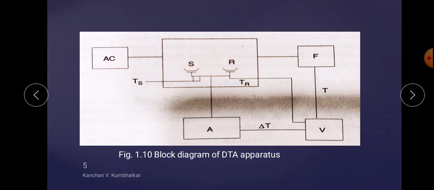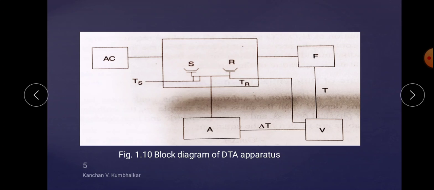What is the work of the atmosphere controller? It permits the circulation of whatever kind of atmosphere has been selected. That atmosphere is circulated in the chamber, and it is constant for both the sample as well as the reference compound. It is also possible to maintain the furnace under vacuum.